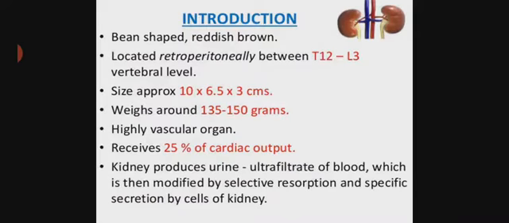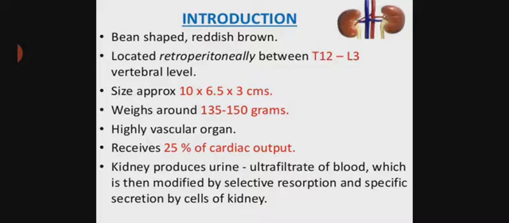Introduction. Kidneys are bean-shaped reddish-brown organs which are located retroperitoneally between T12 to L3 vertebral level, and the size ranges approximately about 10 by 6.5 by 3 centimeters, and it weighs around 135 to 150 grams.